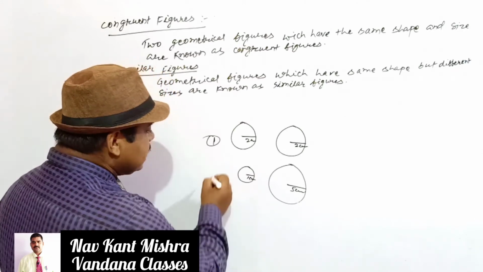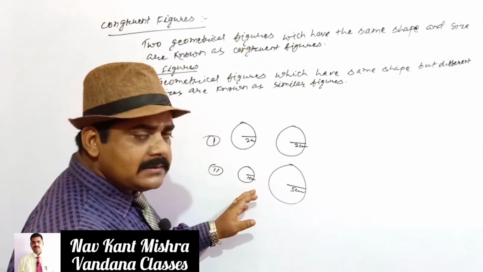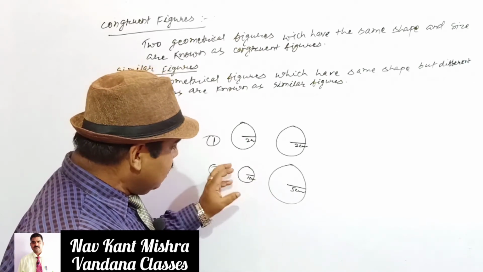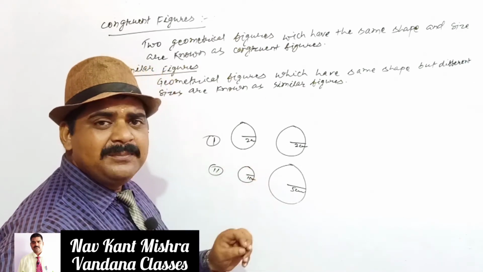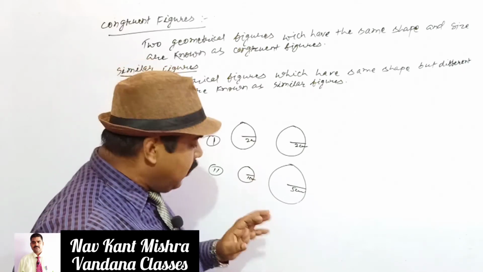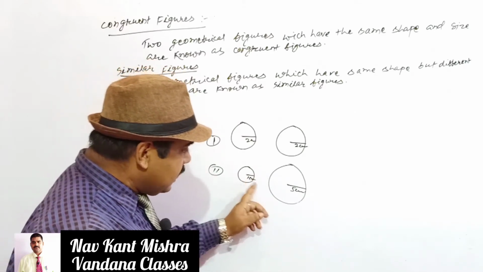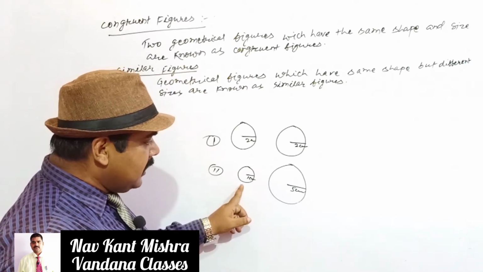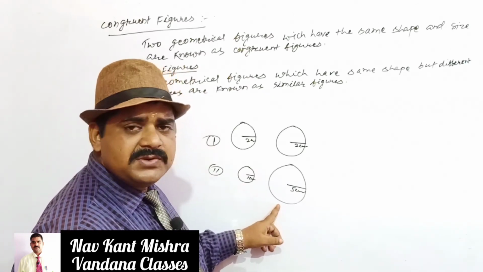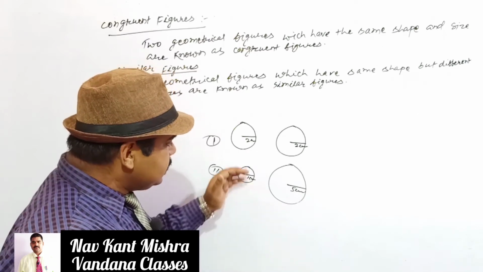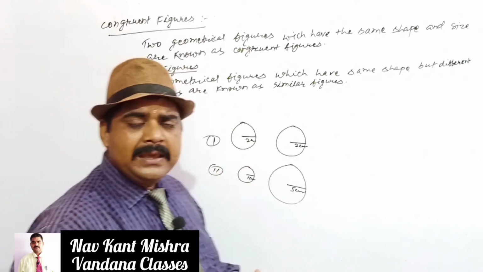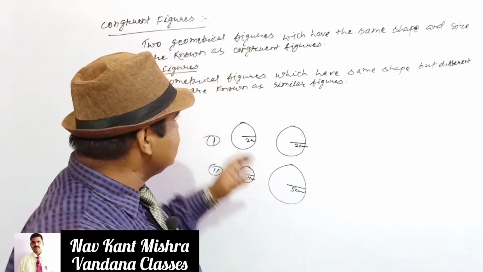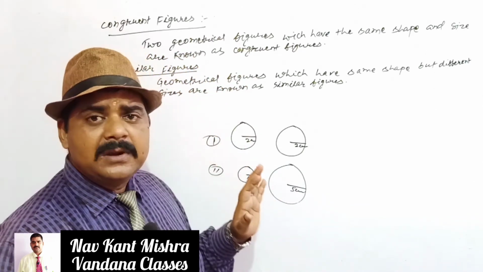But in such a case, you can see that both are circles, which means both have similar shapes, whereas the sizes are different: the first circle is smaller compared to the second one. So such figures whose shape is the same but sizes are different are considered as similar figures.